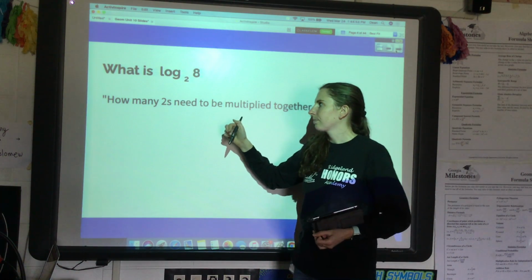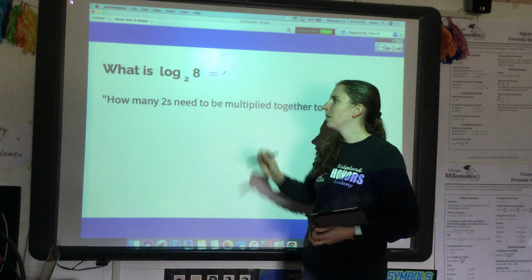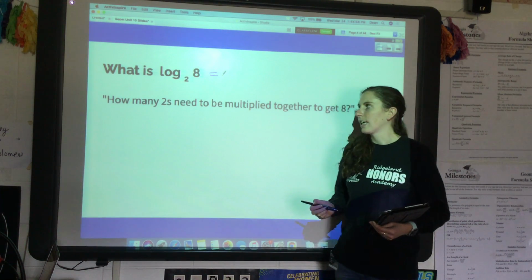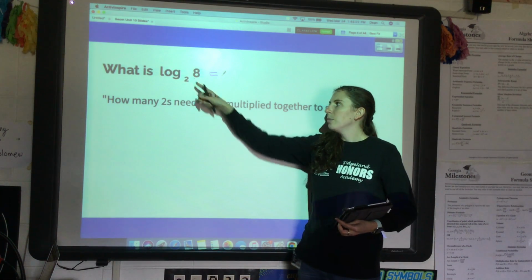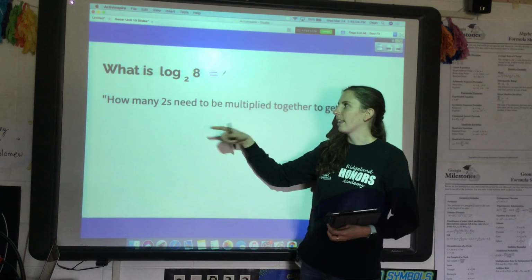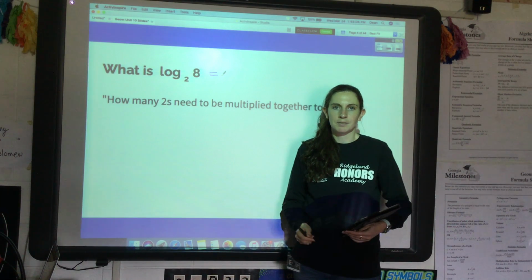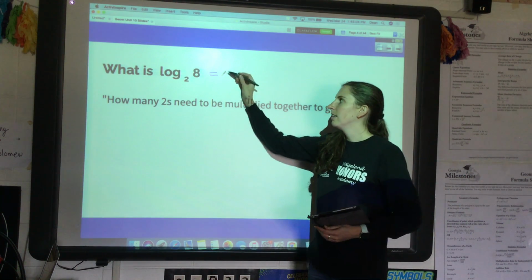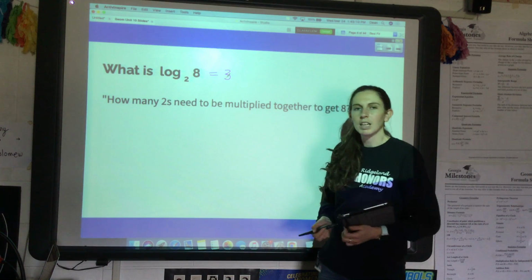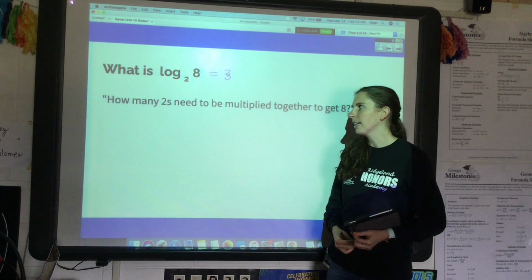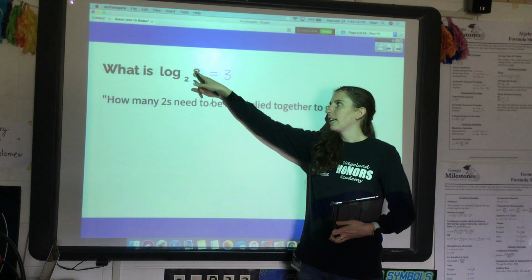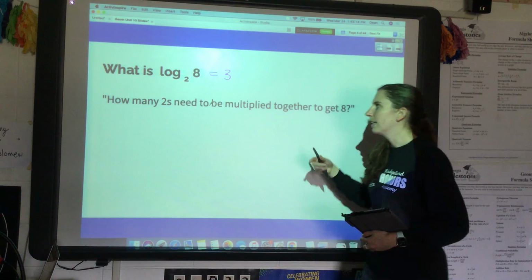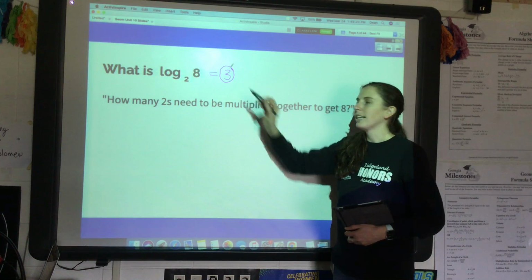This is asking, if I take 2, how many 2's do I need to multiply together to give me 8? That would be 3 of them. That's all a logarithm is: how many of these numbers do we need to multiply together to get this number. In this case, it would be 3.